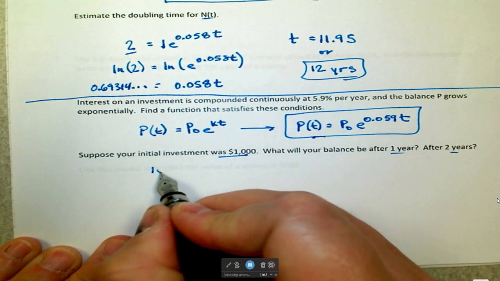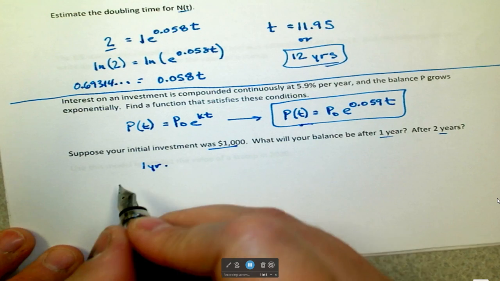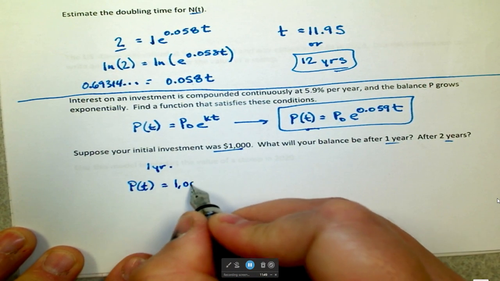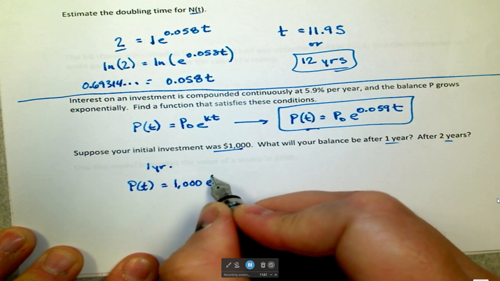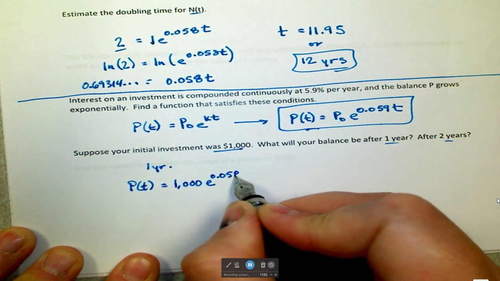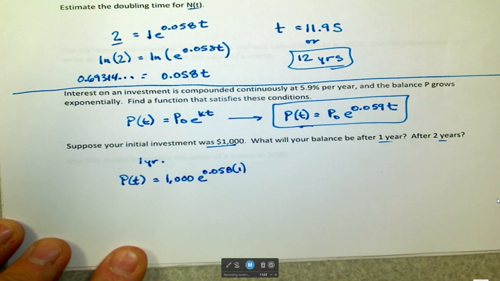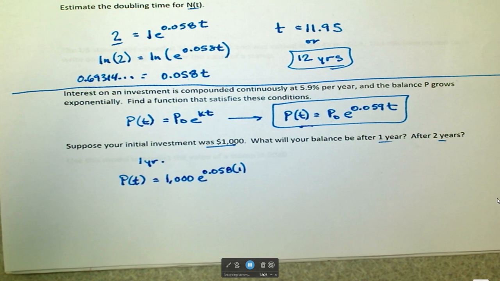So let's do 1 year. This will be P of t equals 1,000 e to the 0.058 times 1. And if I type that in, 1,000 times e to the 0.058, and I'm going to skip the times 1 because 0.058 times 1 is 0.058.